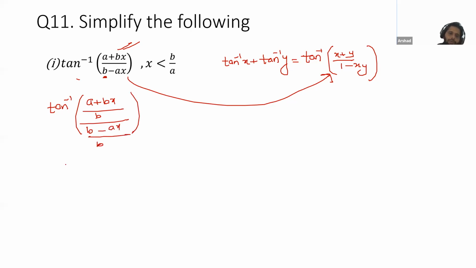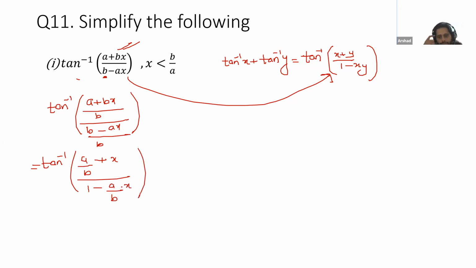So here what you will get, this is equal to tan inverse. Okay, here you will get A by B plus X, B will cancel out, by 1 minus A by B into X. So we get this one. Now please compare this with this part. In place of X we have this, in place of Y we have this.